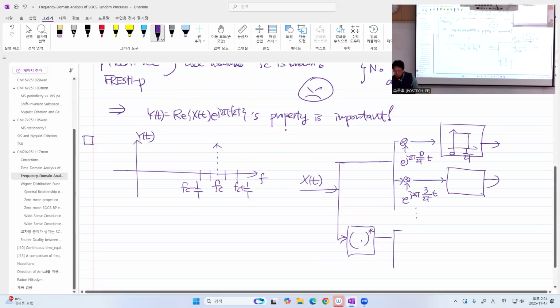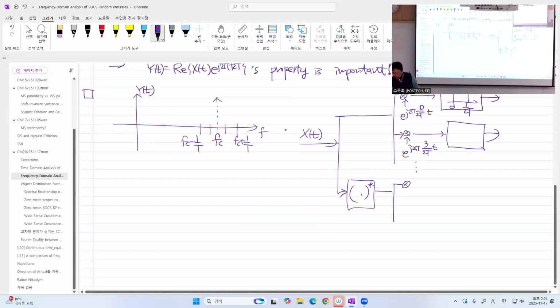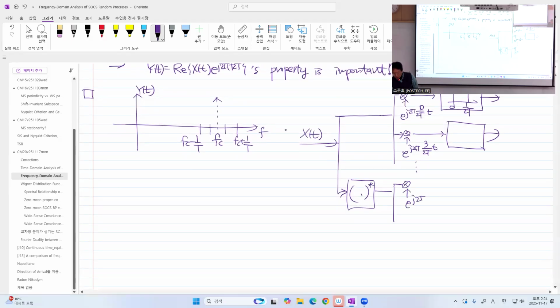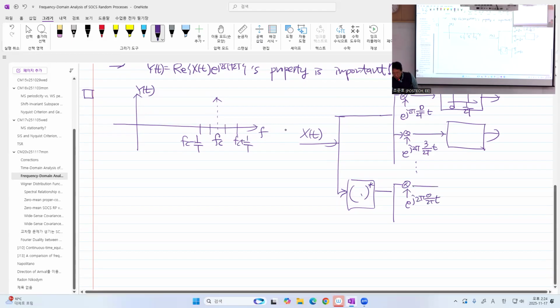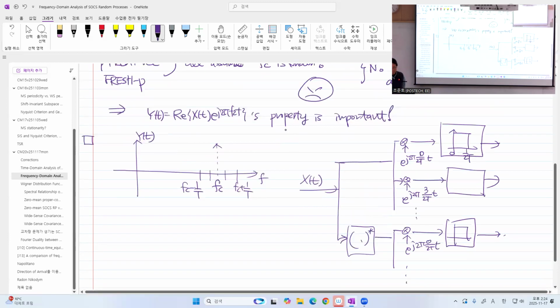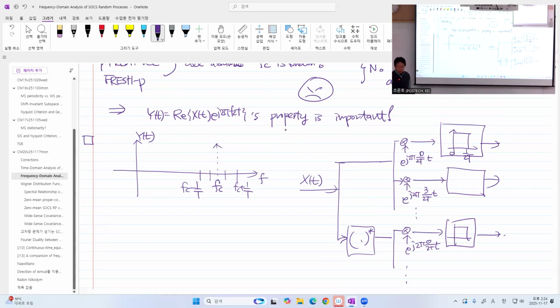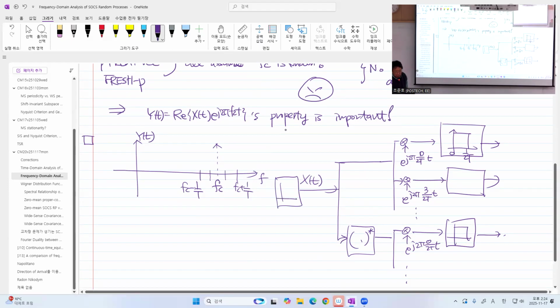And here also you have 0 over 2T and filter and other things. So in this properizing frequency shift vectorization, actually we already know the point of conjugate symmetry, Fc.